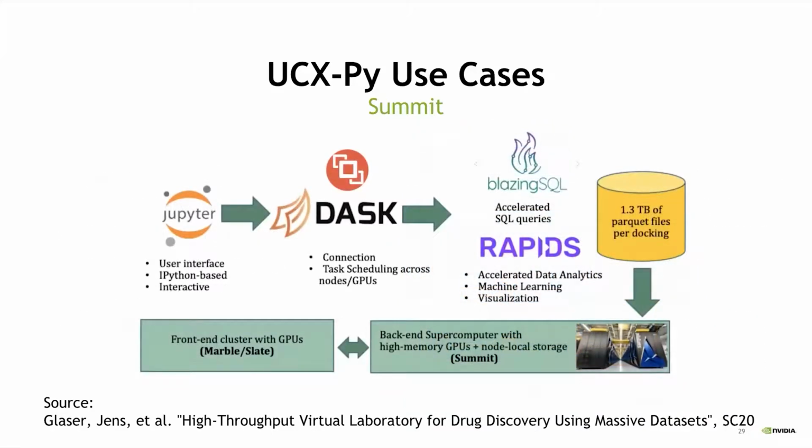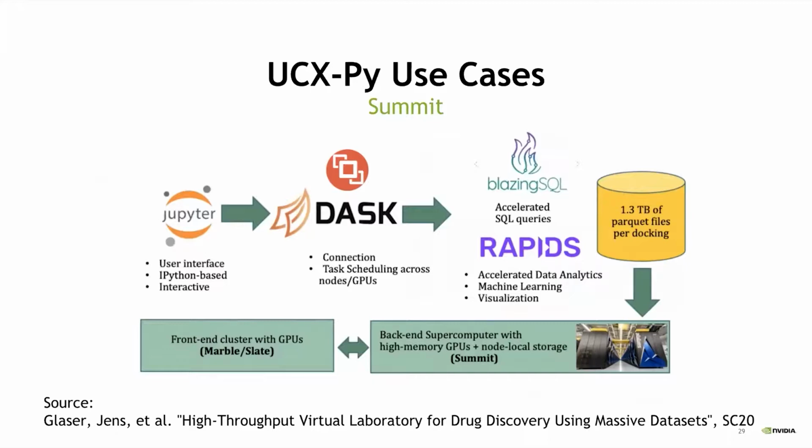So this is more or less how the workflow looks. On the left, we have Jupyter, which is just a very interactive user interface that allows data scientists to quickly test and modify their running code. That interface is connected to Dask, and Dask is using UCX-Py on the backend for all the communication.